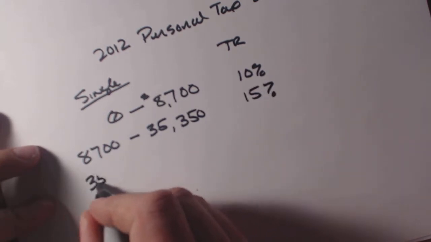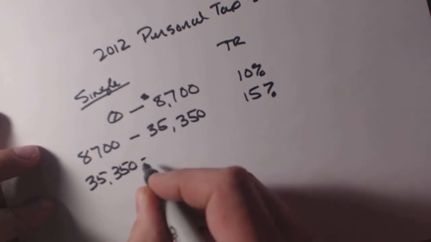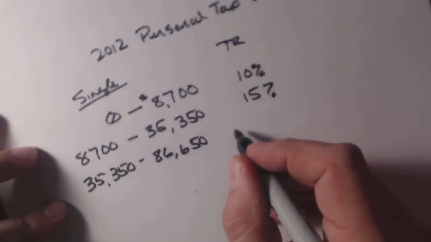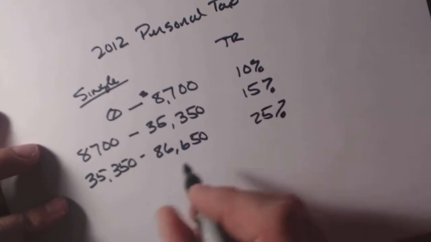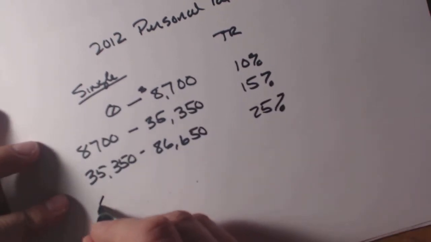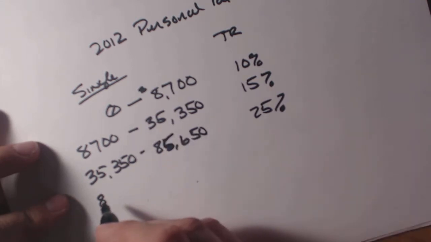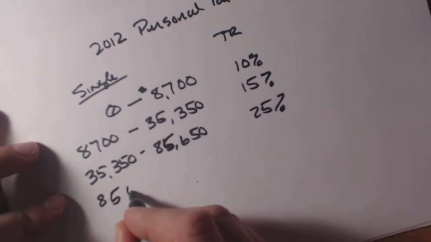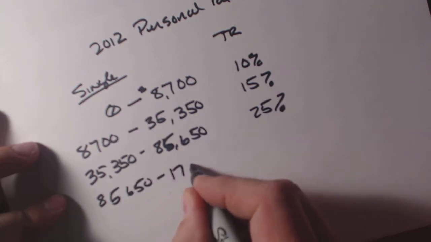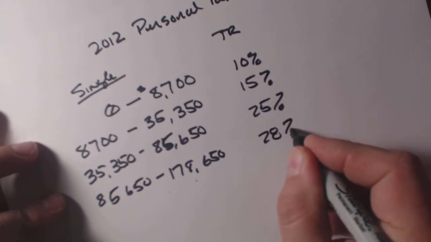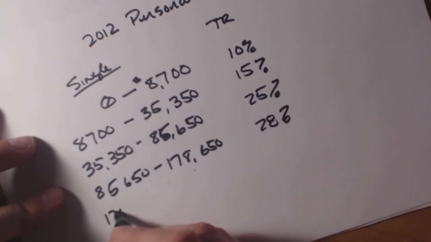And then if it's between 35,350 to 85,650, you're at 25%.